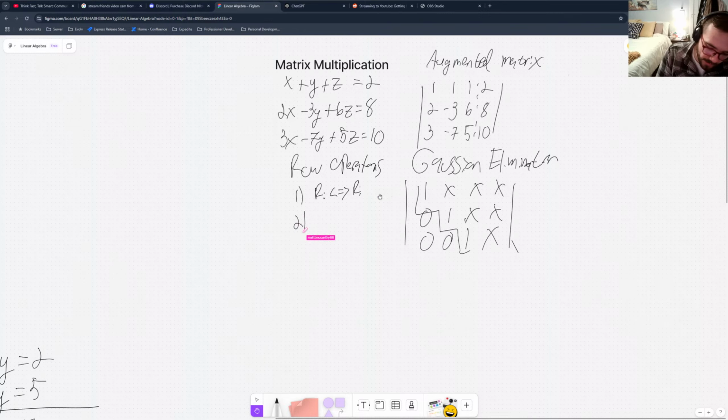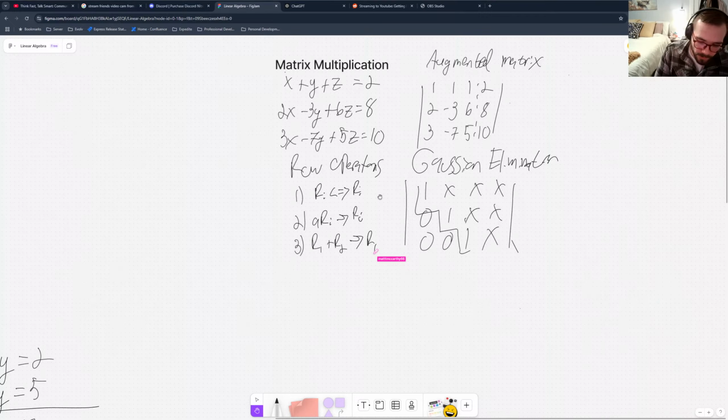And we can scale any row, just like we could multiply both sides of the equation by any non-zero number, right? And then we could add rows. So we could do something like R1 plus R2 into R1.